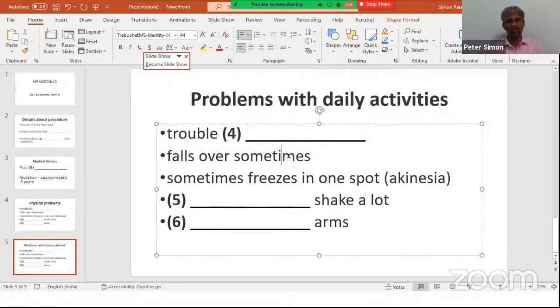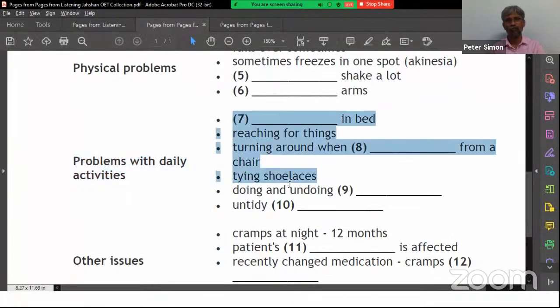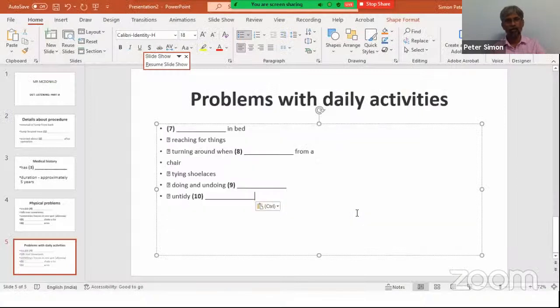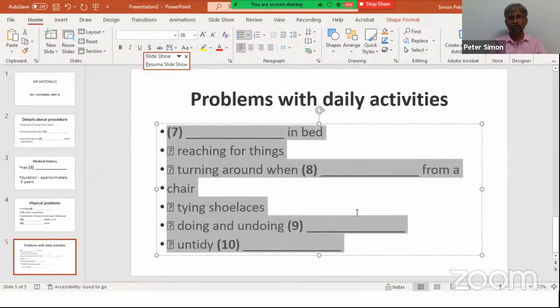Problems with daily activities. When I'm telling you, I mean it. It's a web version. They are all interlinked. All the skills are interlinked. It's called united we stand, divided we fall.